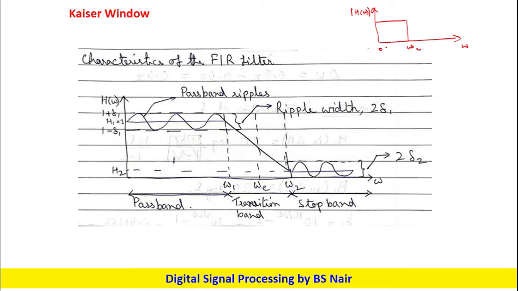From 0 to omega c, you have a pass band and then you have a stop band. But this is an ideal filter, and we have already discussed that when we try to design ideal filters, we need an infinite number of sinusoids to recreate these characteristics. Under practical considerations, it is not possible.